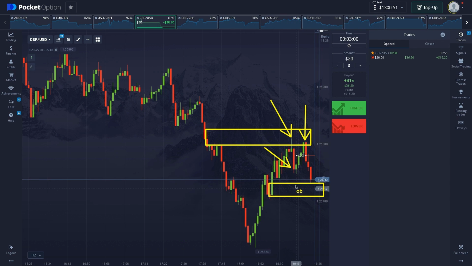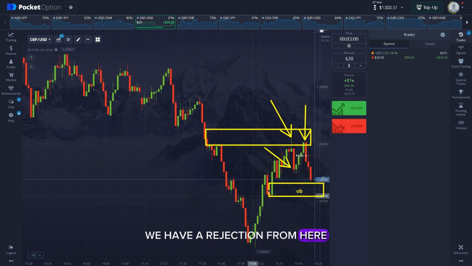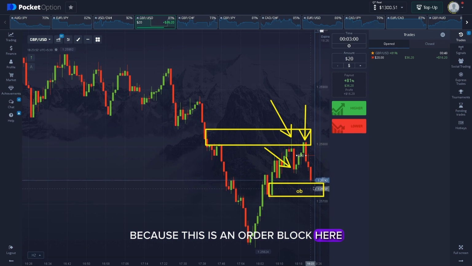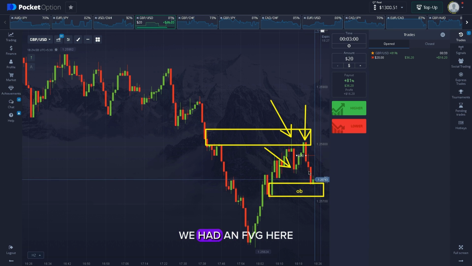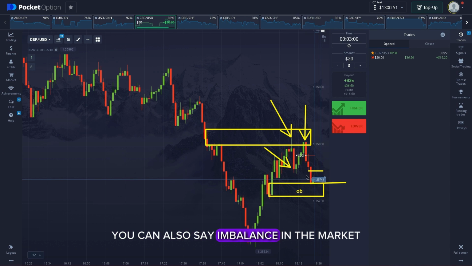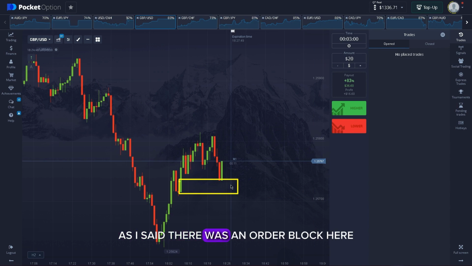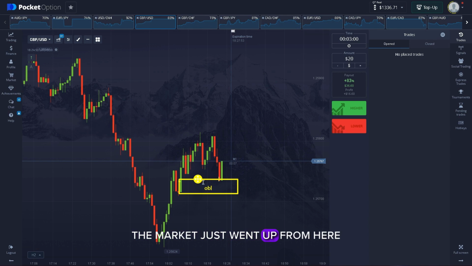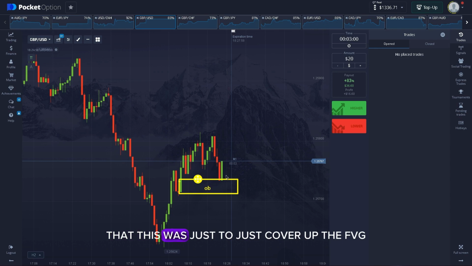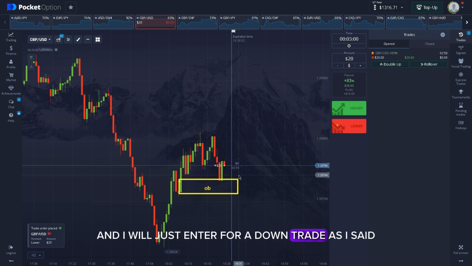As I said, this was an order block, and as you can see, we have a rejection from here because this is an order block. We had an FVG here, an imbalance in the market. As I said, there was an order block here, and that's what just happened. The market went up from here, but I personally think this was just to cover up the FVG, and I will enter for a down trade.